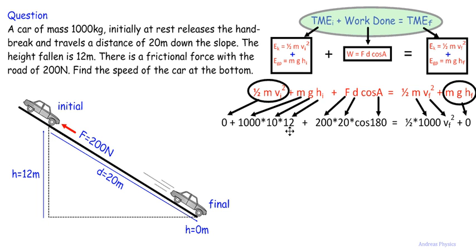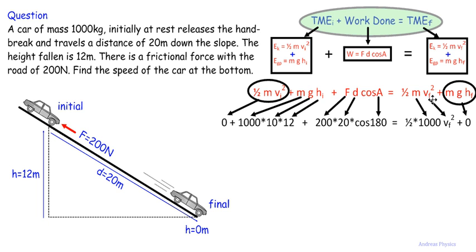So the substitution is mgh, plus the force, which is the frictional force acting against it, which is 200 newtons, times the distance it's acting for, which is the distance the car rolls down the slope of 20 meters, times the cos of alpha, and the angle between the force and the displacement is, of course, 180 because they're acting in opposite directions, equals 1/2 the mass, which we know as 1,000, times the velocity final squared.